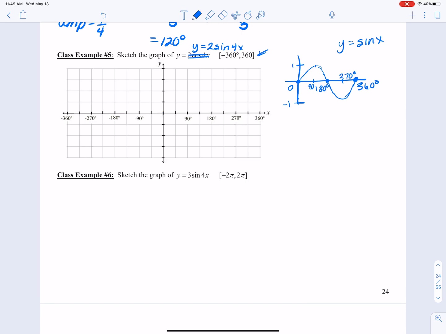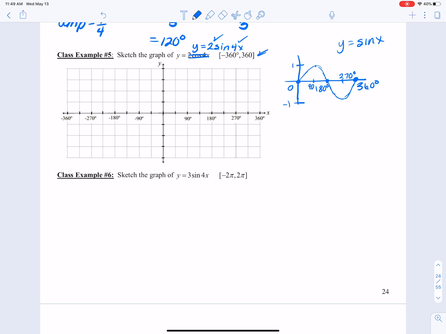Now I'm going to transform that function. So what's going to happen is we're going to have a vertical stretch by a factor of 2 and a horizontal stretch by a factor of 1/4.